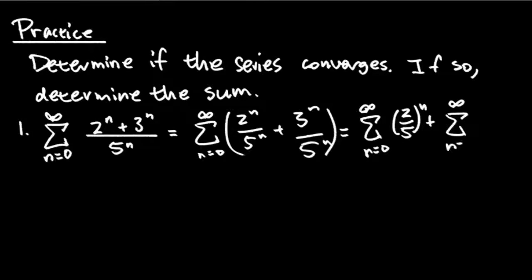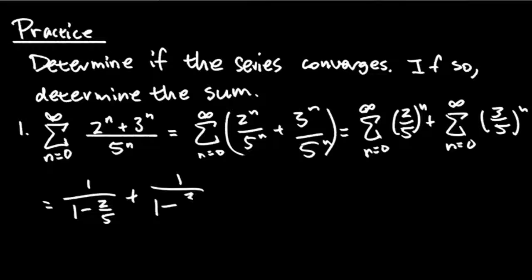This makes things really easy, because we now have two geometric series, and both their common ratios are less than 1. Therefore, we can write two different sums with them. So a is 1 in this case, over 1 minus r, so 1 over 1 minus 2/5, plus 1 over 1 minus 3/5. That's going to be 1 over 3/5 plus 1 over 2/5.